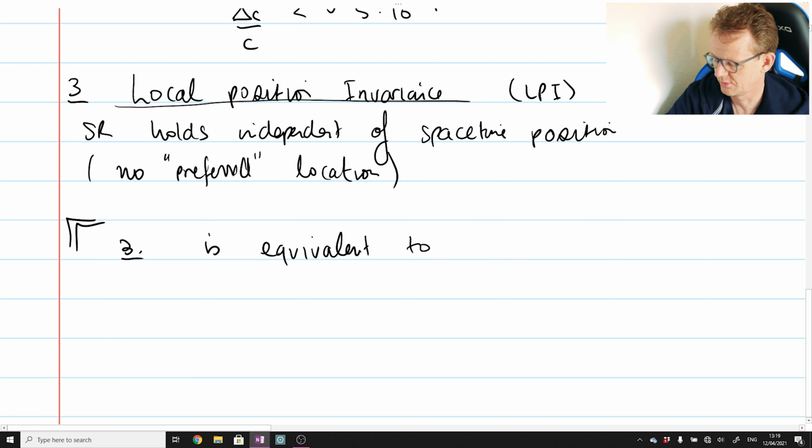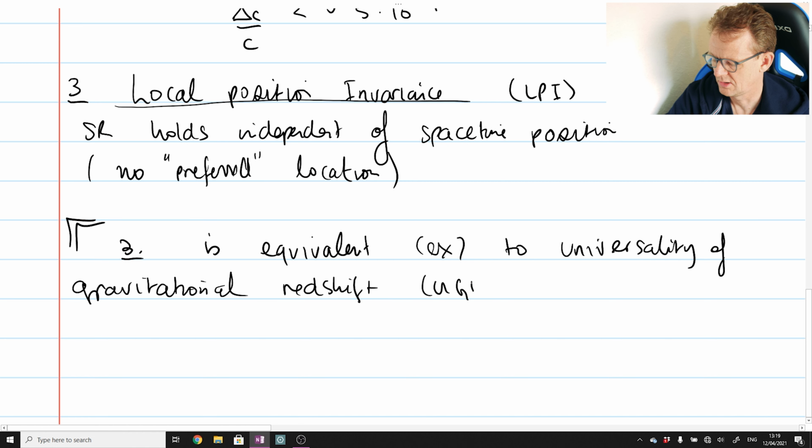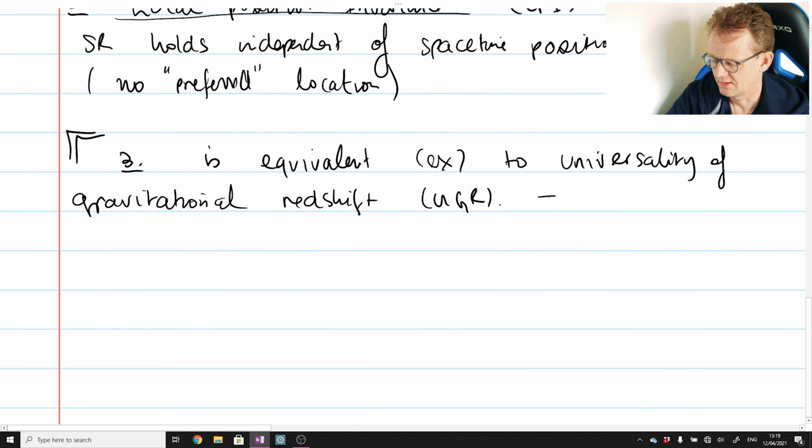So principle 3 is also equivalent, which is an exercise for you, to the universality of gravitational redshift, otherwise known as UGR. Another way of saying that is that clock rates are universally affected by the gravitational field.